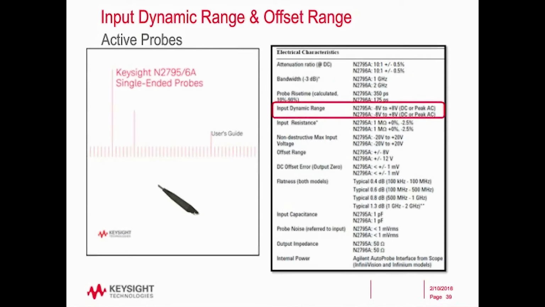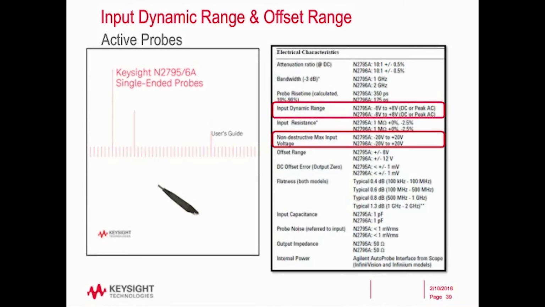For the probe I'm showing here, that input dynamic range is plus or minus 8 volts. Now there's another thing I've highlighted, which is the non-destruct maximum input voltage. That means I can touch this probe to something as large as 20 volts without destroying it, but the useful input range is 8 volts.